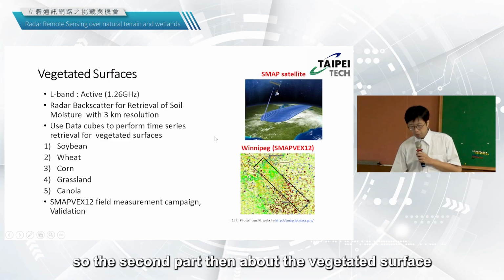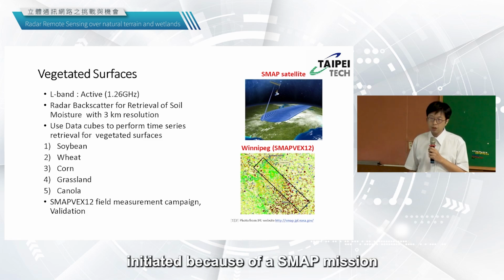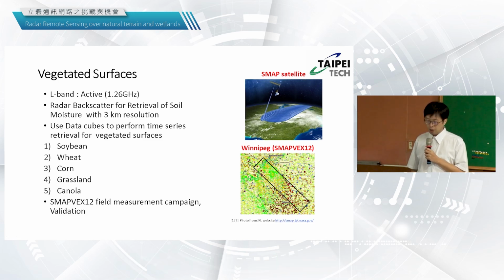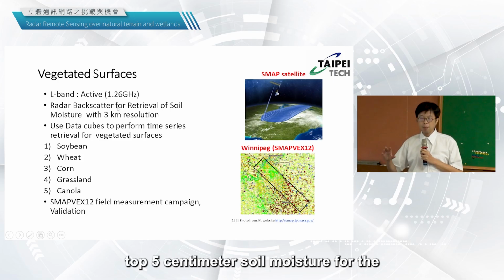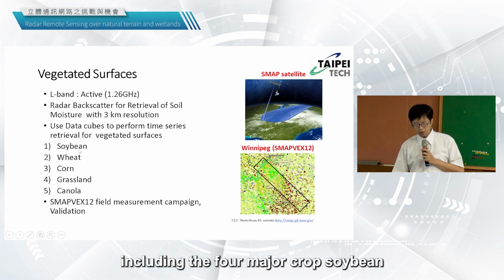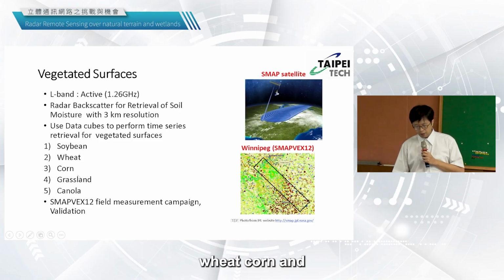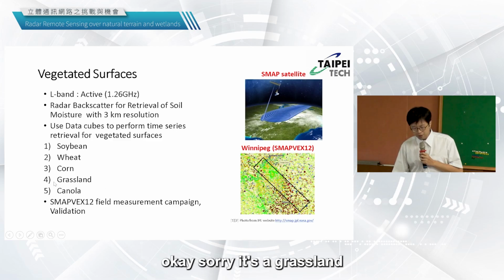Okay, so the second part is about the vegetated surface. This study was initiated because of the SMAP mission. They want to estimate the top 5 centimeter soil moisture for this vegetated land, including the 4 major crops: soybean, wheat, corn, and, sorry, grassland.